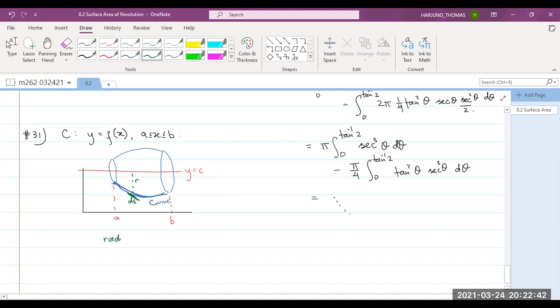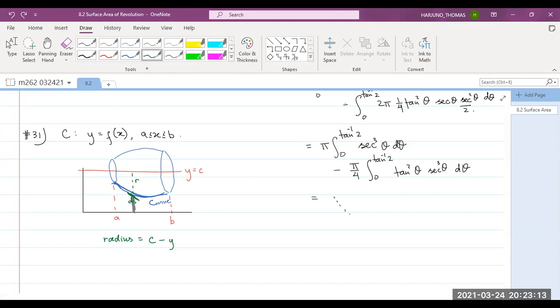The radius will be c minus y. This is y, the height. Usually we rotate around the x-axis, so we use y. Now the radius is not that one. The radius is here instead. Does it make sense for you?